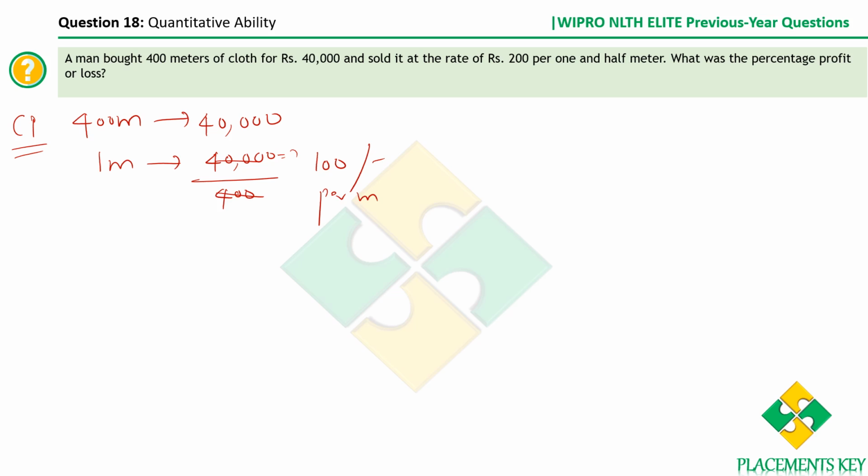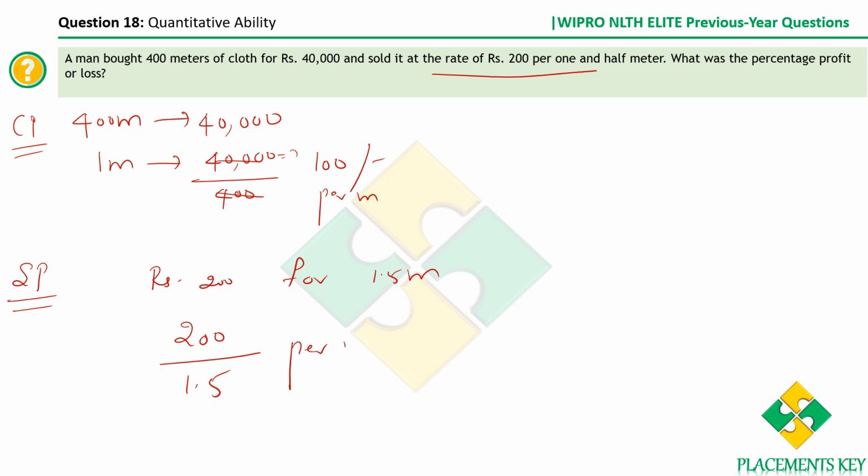Now, he sold at the rate of rupees 200 for one and a half meter. So that is the selling price, rupees 200 for 1.5 meters. So for 1 meter, it is 200 divided by 1.5 per meter.